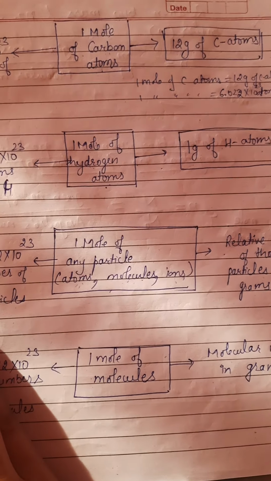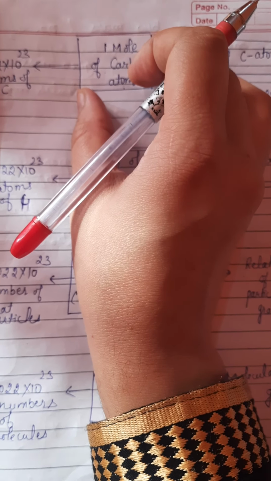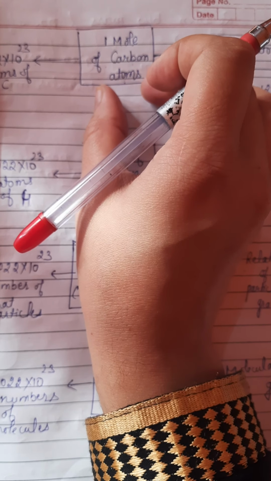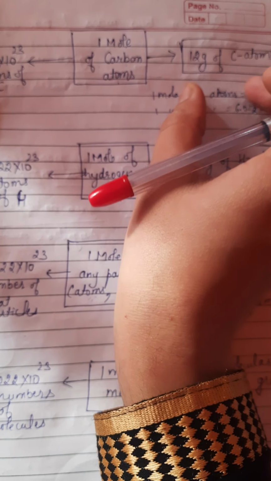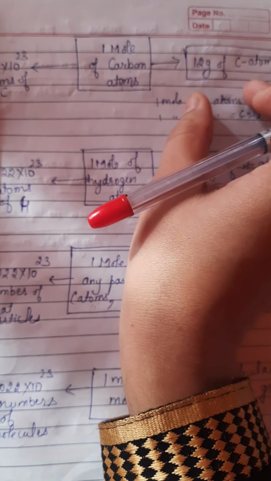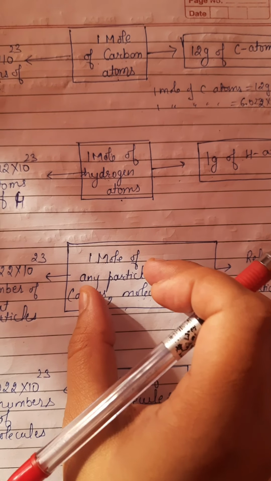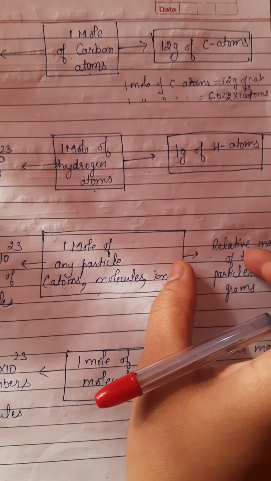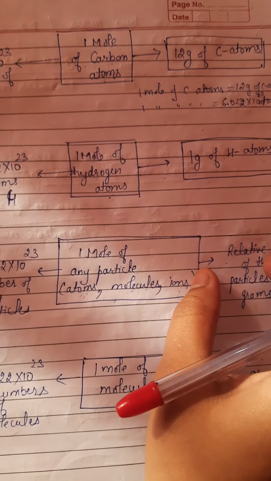It means whenever I am talking about 1 mole of any atom is equal to how many grams, we will take the atomic mass of that atom. If I am asking 1 mole of a molecule is equal to how many grams, then we will calculate the molecular mass of that molecule.